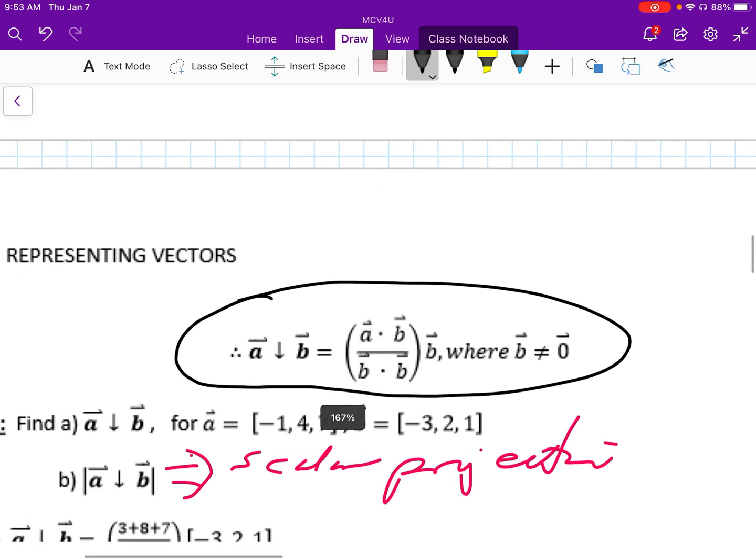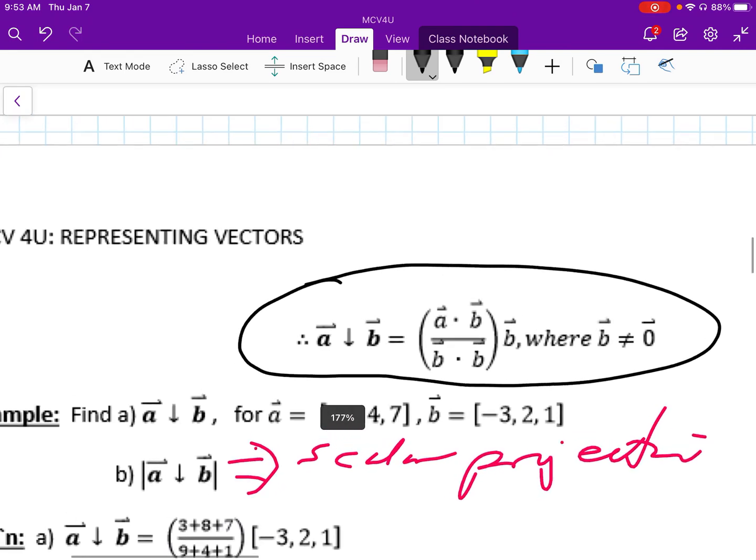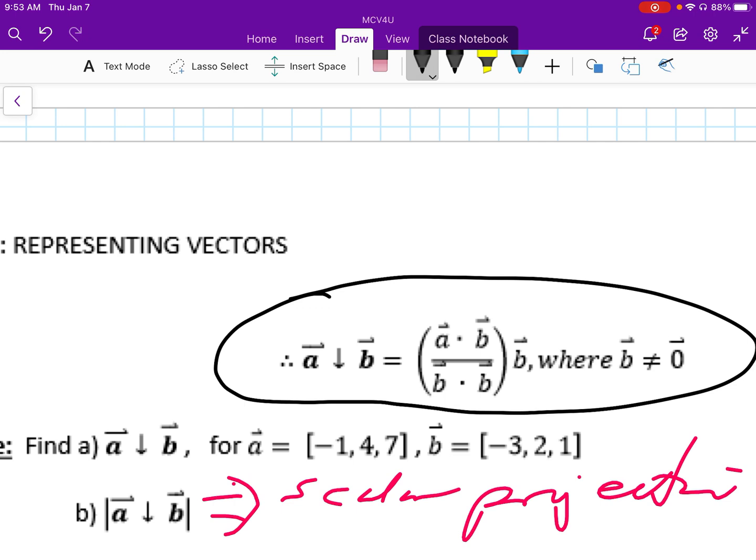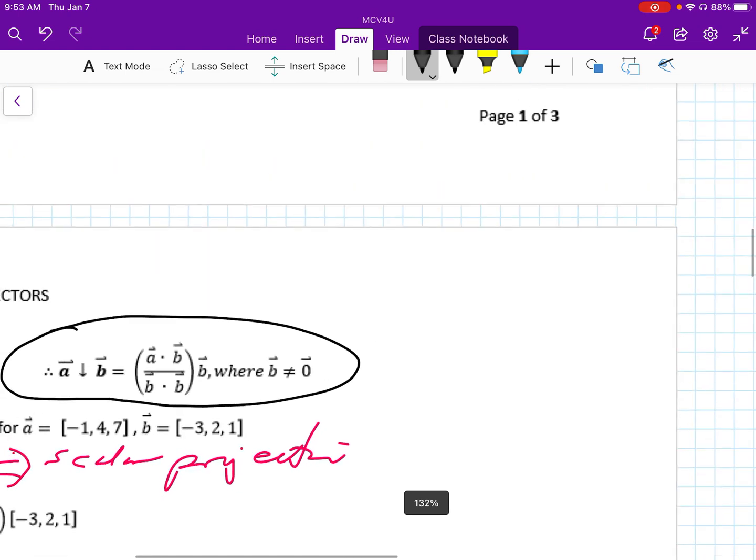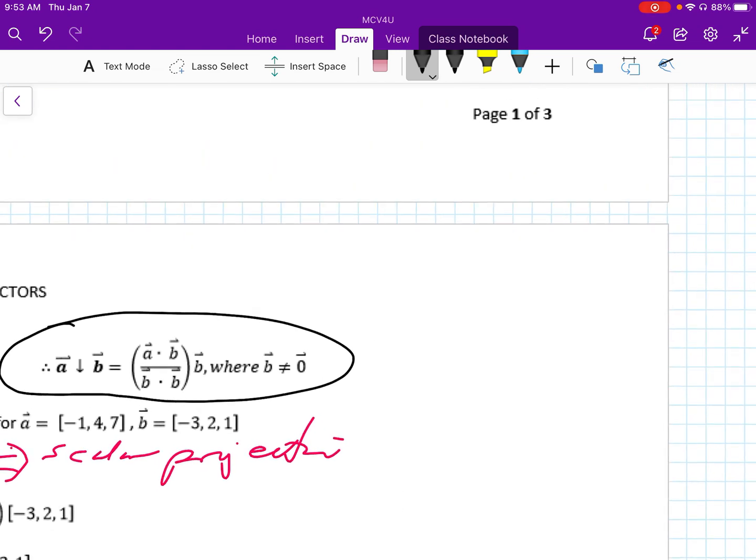All right, the second one. So what we'll do is take a look again. We've got two vectors. Find the projection, which is a vector, and the scalar projection, the magnitude of that vector. We'll take a look at it. So again, A dot B, let's just go through that. A projected onto B, A dot B, so that would be 3 plus 8 plus 7. That's you doing the dot product.